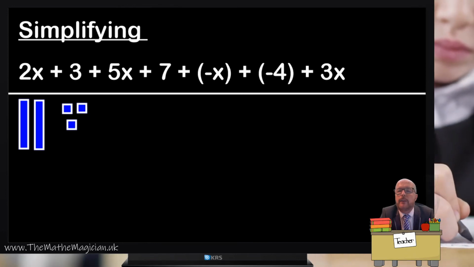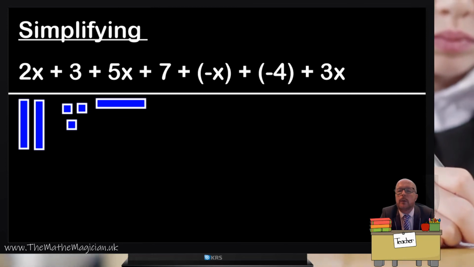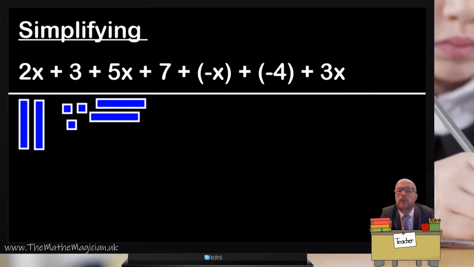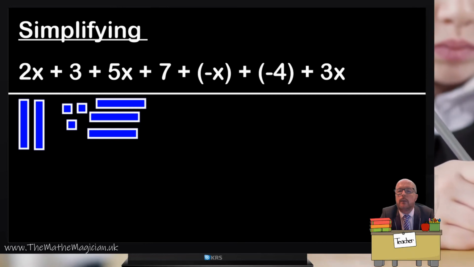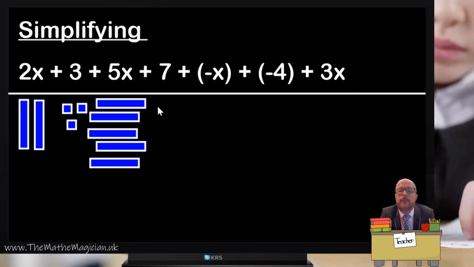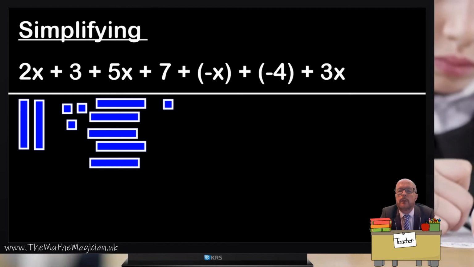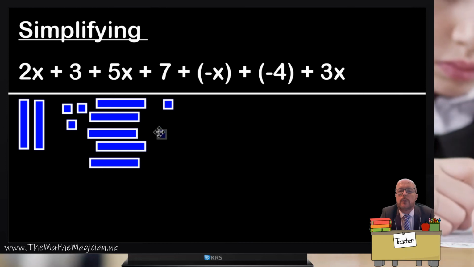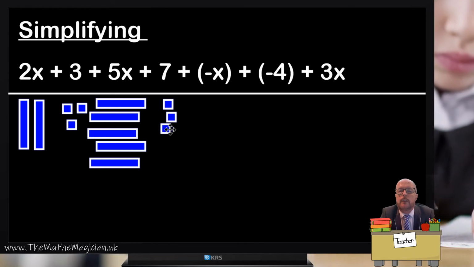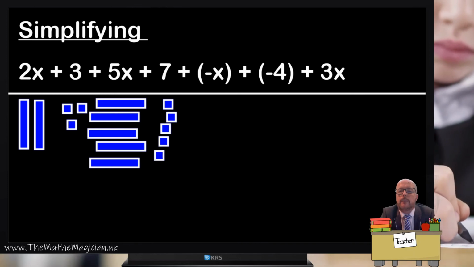We've got 5 x's: 1, 2, 3, 4, 5. I'm going to tidy them up in a minute. 7 ones: 1, 2, 3, 4, 5, 6, 7.